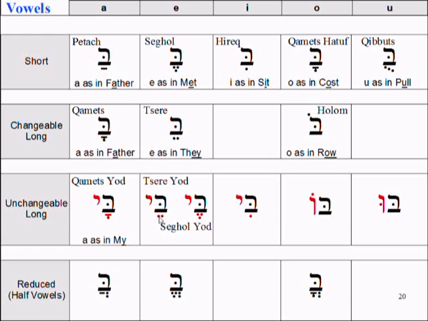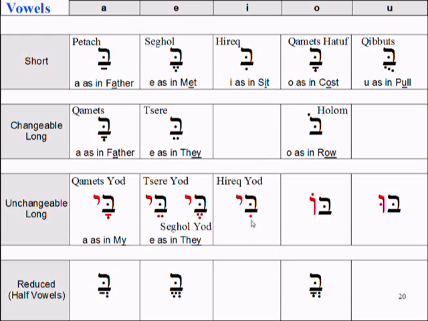This is an eh sound, and it's just being lengthened. Basically, having the yod on the end lengthens it, and it goes from eh to ay. So it goes from eh to ay. This is sometimes an eh and sometimes an ay, but this is definitely an ay sound. These have identical pronunciation in modern Hebrew, pronunciation of Biblical Hebrew.